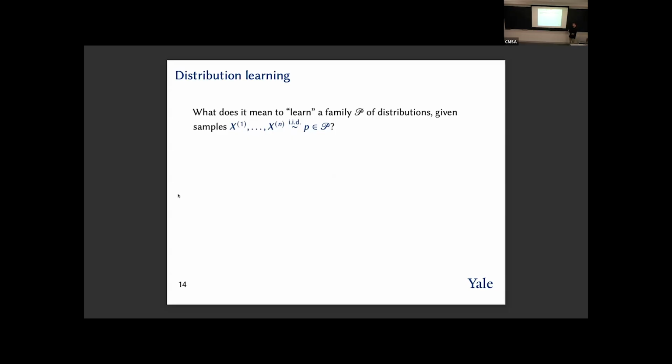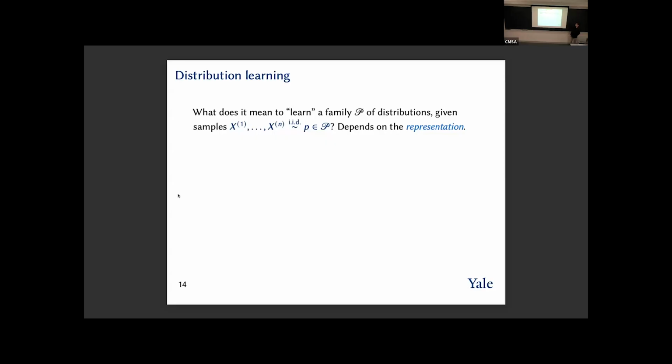In statistics, we're very familiar with this concept, but if you actually want to do this on your computer, then this problem is still a little bit ill-specified. The reason why is, in order to really run this, we need to talk about the representation in which you actually learn the distribution, because a high-dimensional distribution is a complicated object. You can't just put that onto your laptop. So you need to first figure out how to represent it.